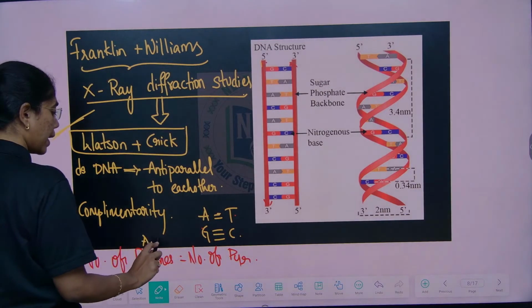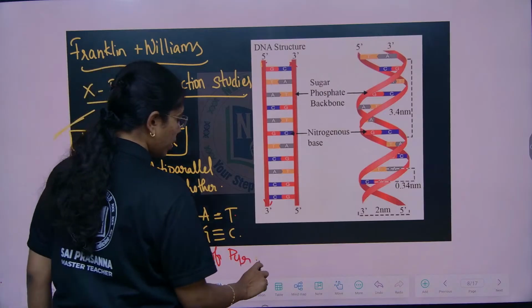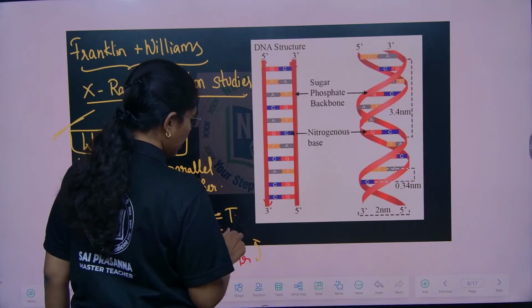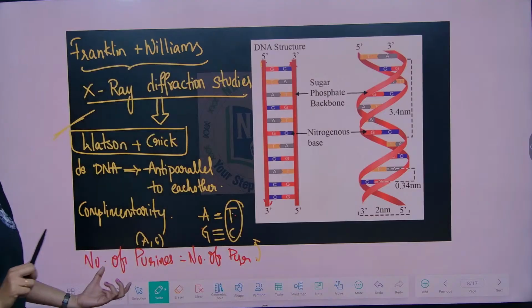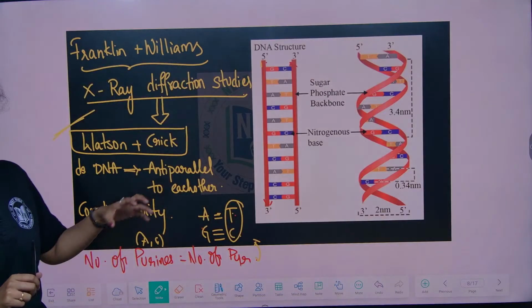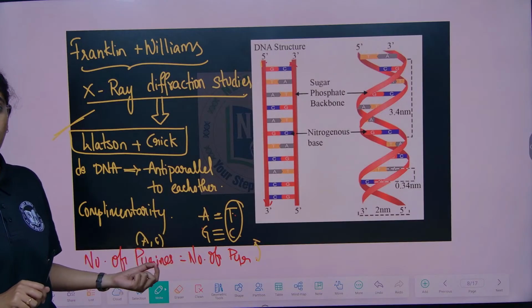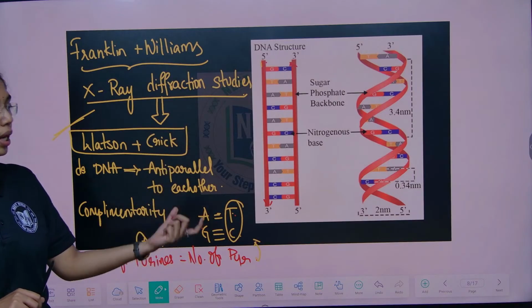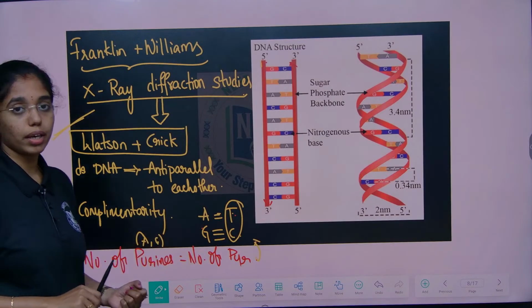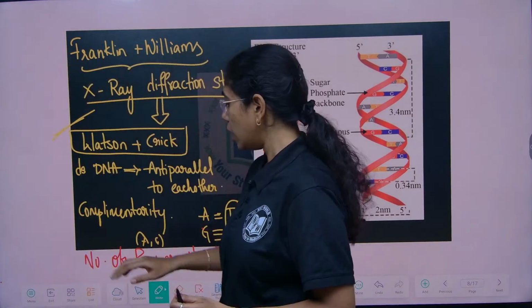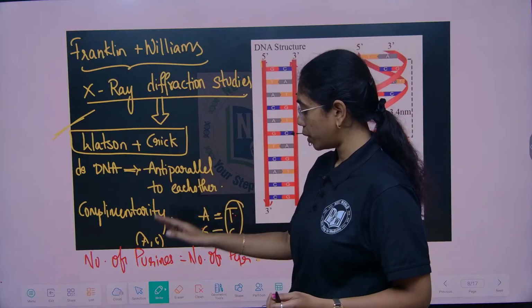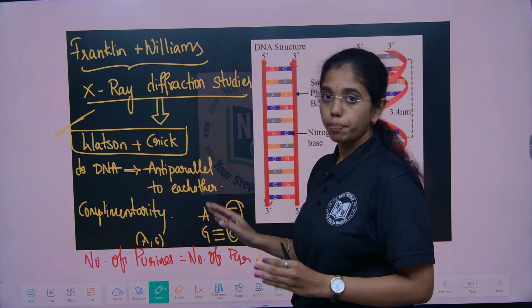Purines will be adenine and guanine, pyrimidines will be cytosine and thymine, right? So, the number of purines is equal to the number of pyrimidines. Very important statement to be remembered. It can be asked in a numerical application also. Given any double stranded DNA, they can also give a numerical application taking the point that the number of purines is equal to the number of pyrimidines.